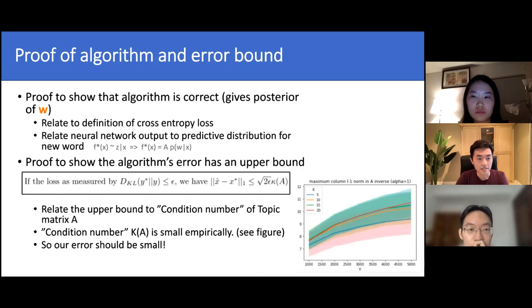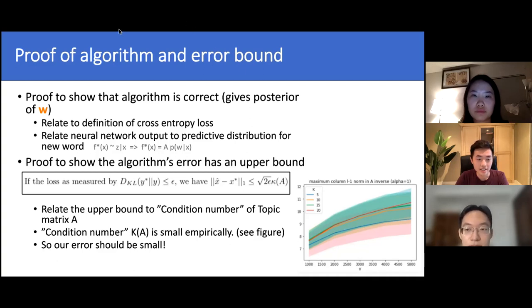Now let's take a closer look at the proof of the algorithm and why it works. We give a formal proof that the neural network's output, which we denote as f star of x, is equal to the topic matrix A multiplied by the topic posterior distribution. We also show that our algorithm's error has an upper bound, which means the error will be bounded and will not be very large.